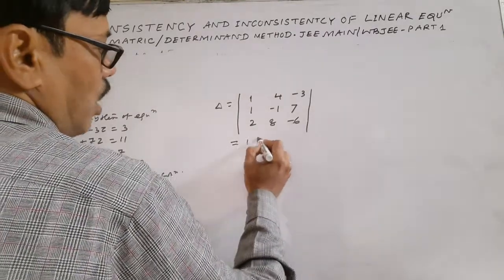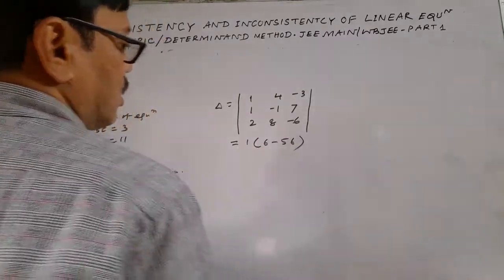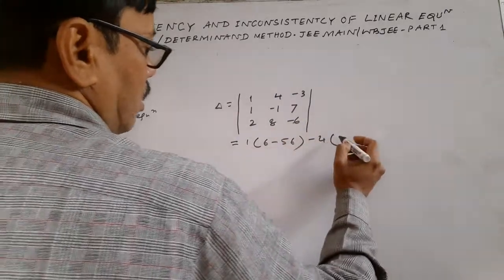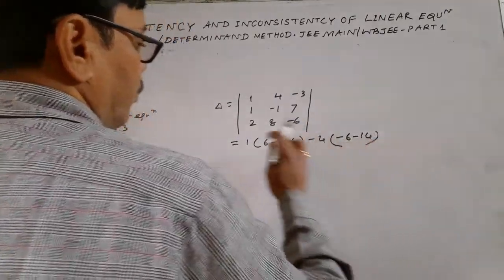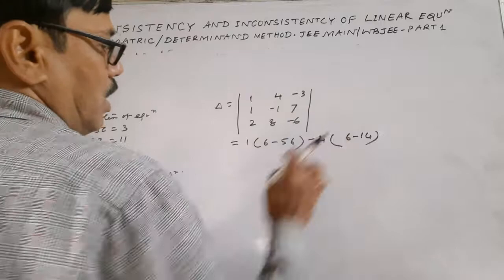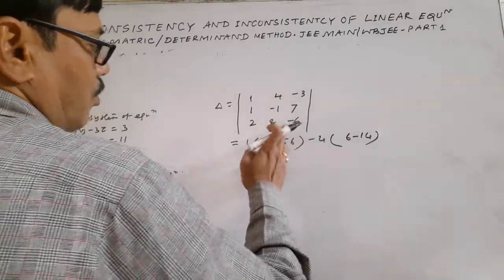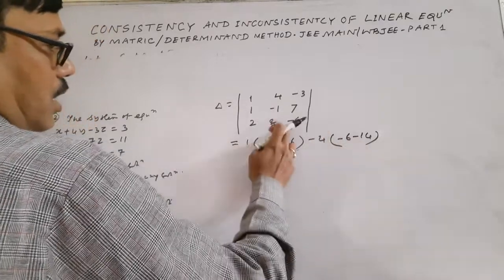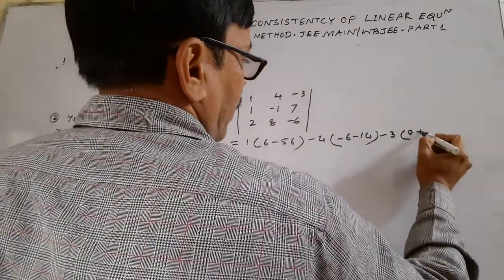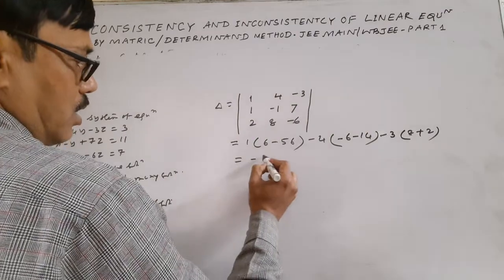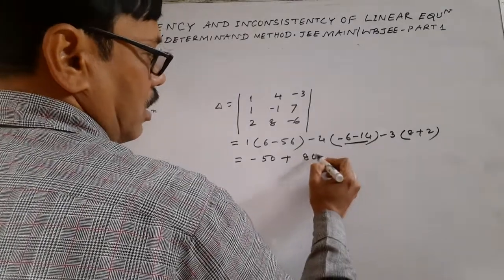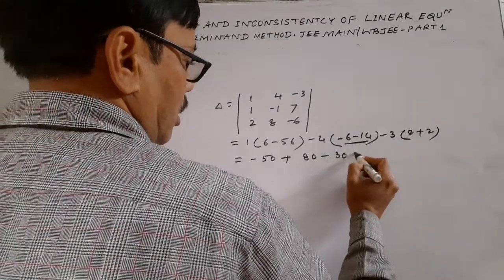So if we calculate, 1 into 6 minus 56, minus 4 into minus 6 minus 14, minus 3 into 8 plus 2, so minus 50 plus 80, and this is minus 30, equals 0.